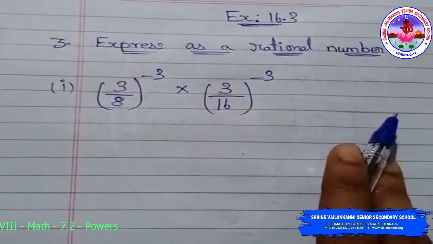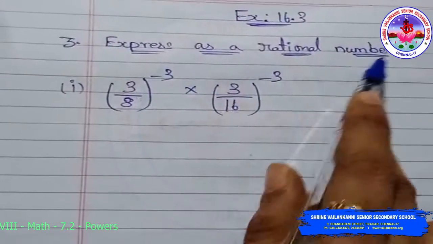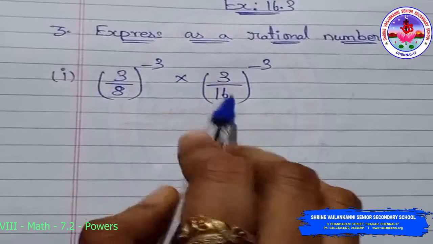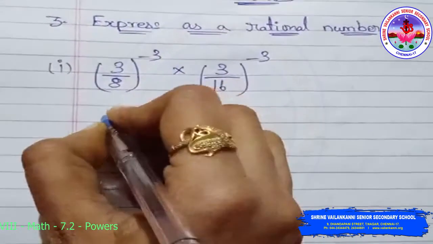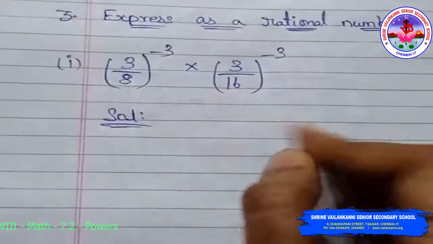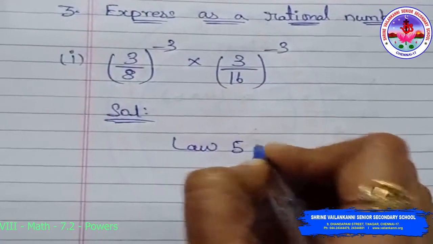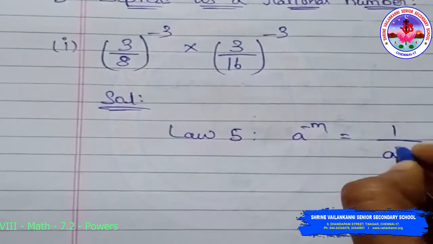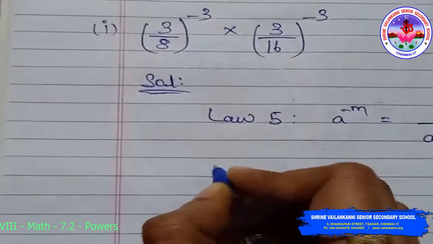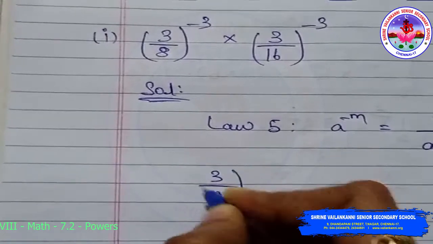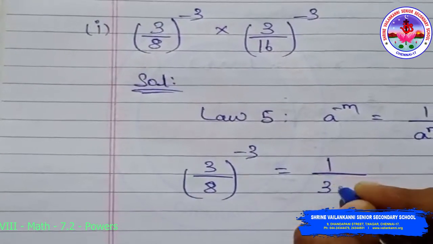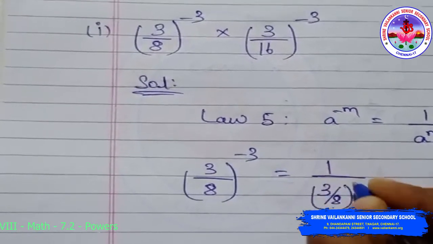Next, exercise 16.3, third question, express as rational number. The first one is 3 by 8 whole power negative 3 into 3 by 16 whole power negative 3. Solution. First, using law 5, a power negative m is equal to 1 by a power m. That is, 3 by 8 whole power negative 3 is equal to 1 by 3 by 8 whole power 3.